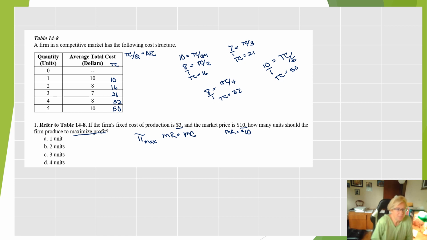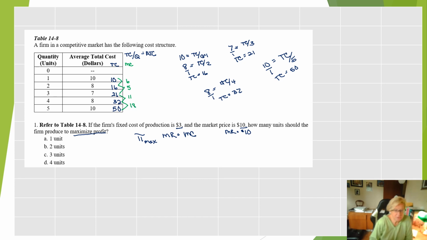I'm going to go ahead and put marginal cost in here. So as we change from 0 to 10, and then from 10 to 16, that is a difference of 6. From 16 to 21, that's a difference of 5. From 21 to 32 is a difference of 11, and from 32 to 50 is a difference of 18.